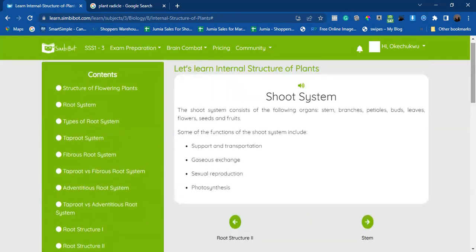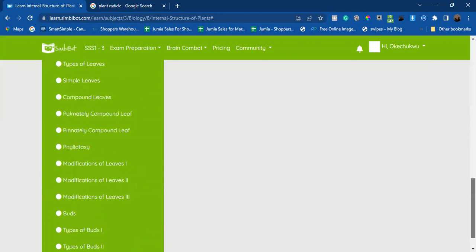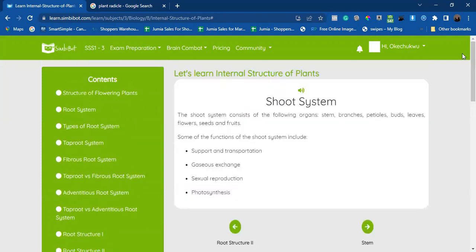So that's that for the root system. Any questions so far? Okay. So let's look at the shoot system. Now, when we started, I told us that a plant is divided into two major parts: the root system and the shoot system.